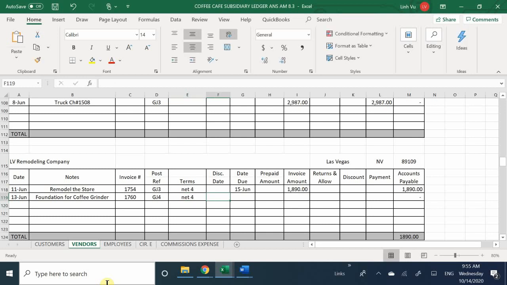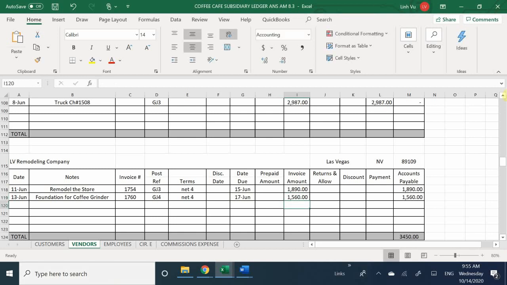They didn't give us a discount, but when is this bill going to be due? June 17 is when our bill is going to be due, right? And the invoice amount was $1,560.